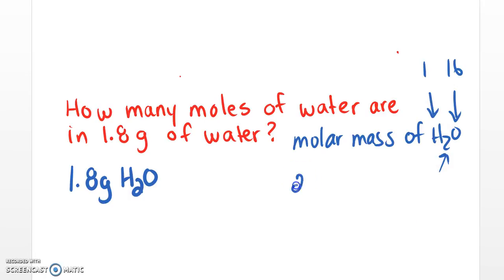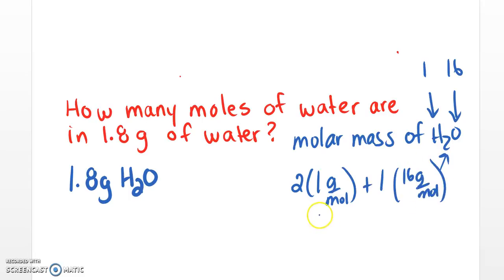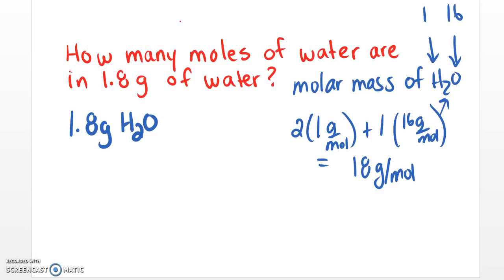So it's going to be 2 times 1 gram per mole plus 1 times 16 grams per mole. So the molar mass of water is going to be 18 grams per mole. So what conversion factor are we going to use? We have 18 grams over 1 mole, or we have 1 mole over 18 grams.